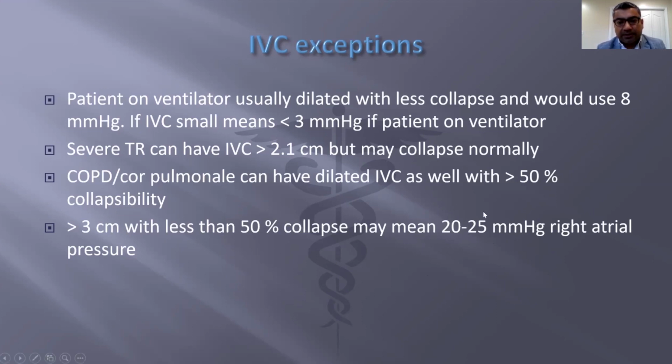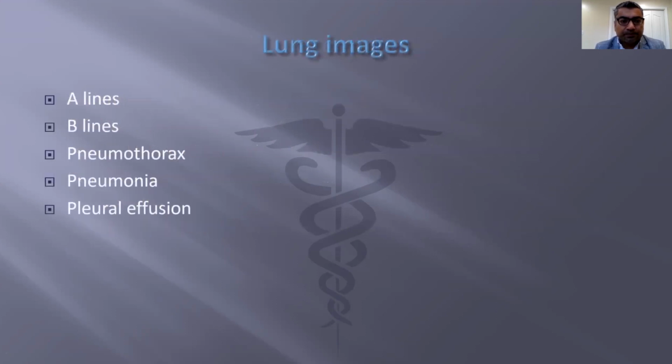And this helps normally when you have a full echo to check the PA pressure or RV systolic pressure. For POCUS and diagnosing shock, if you know those two, normal, which is less than 3, and abnormal, more than 3, then you will be okay.